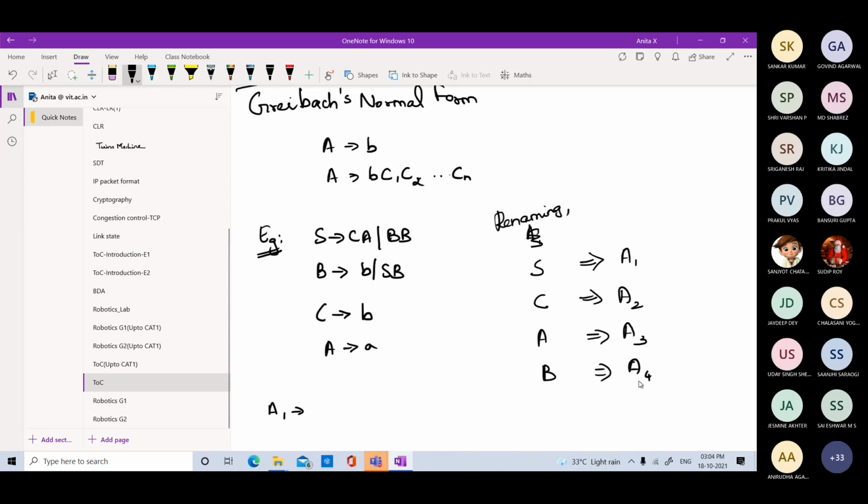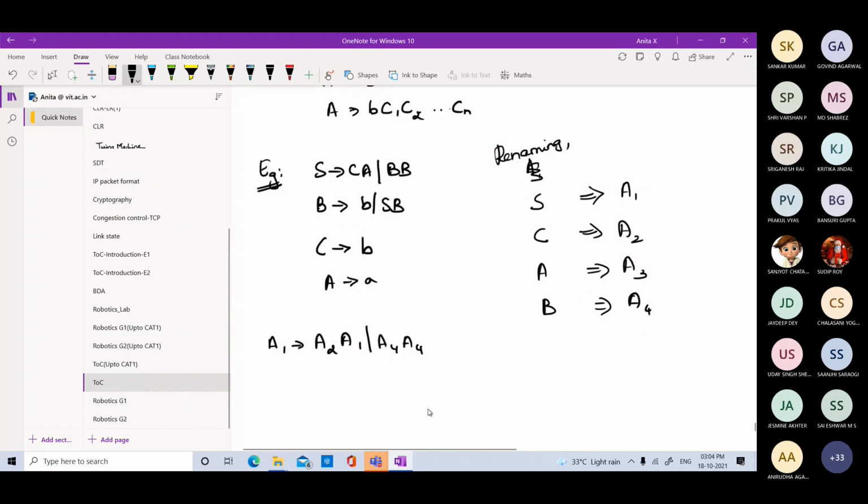In ascending order, A1 derives A2 A1 or A4 A2.